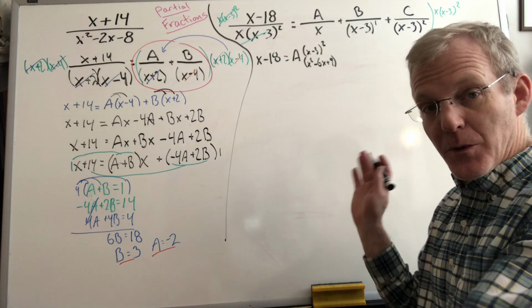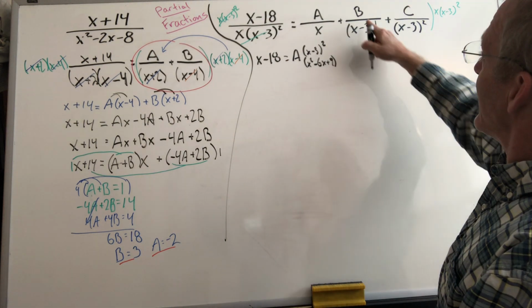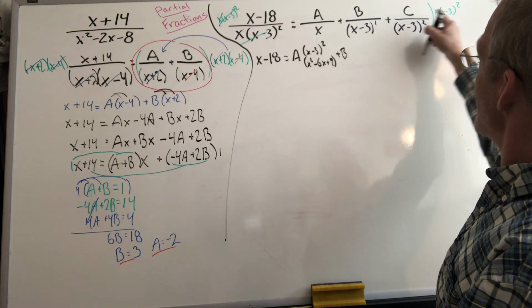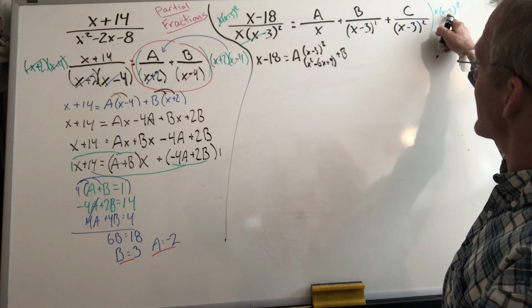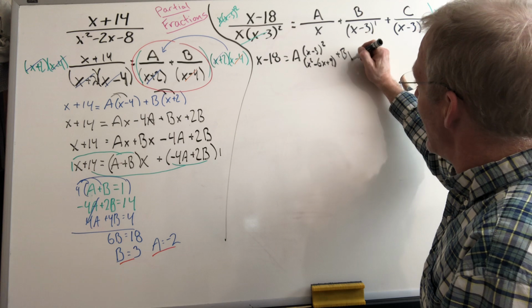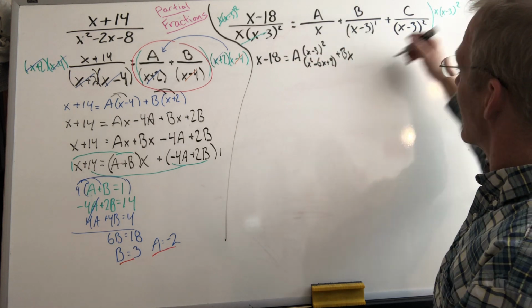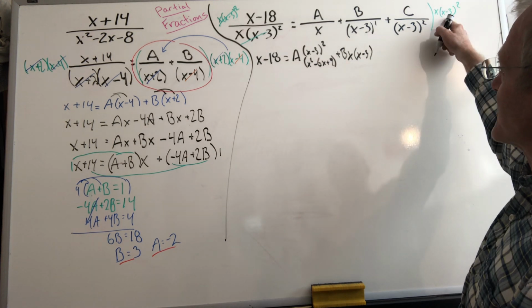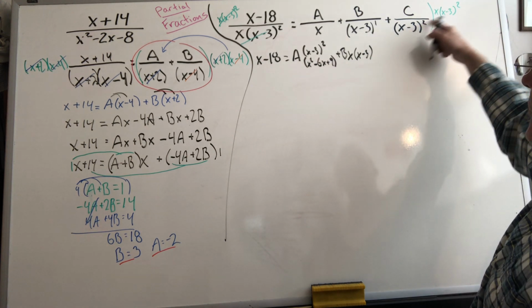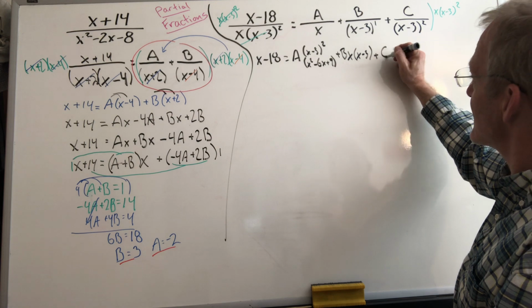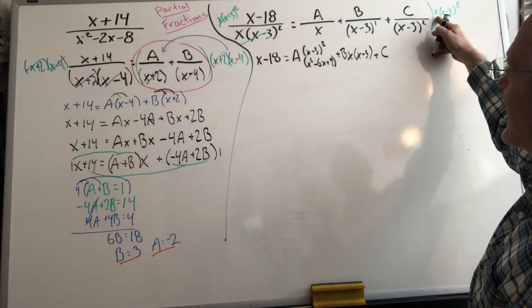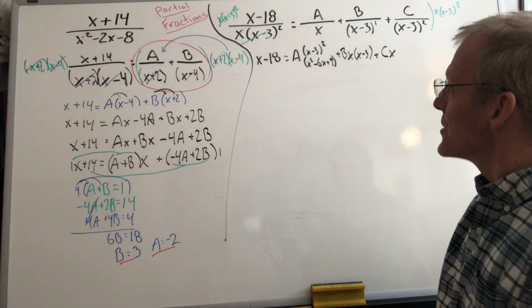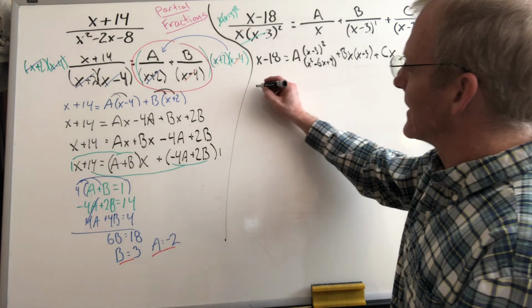So we would just multiply that on out. Okay. Then here for the b, plus b times, now let's see, only one of those x minus 3's is going to cancel. So the x is still there and another x minus 3 because only one of them canceled. And then over here, both x minus 3's cancel with the c, but the x is left. Bam. Just like that. So let's write this out nice and clean.